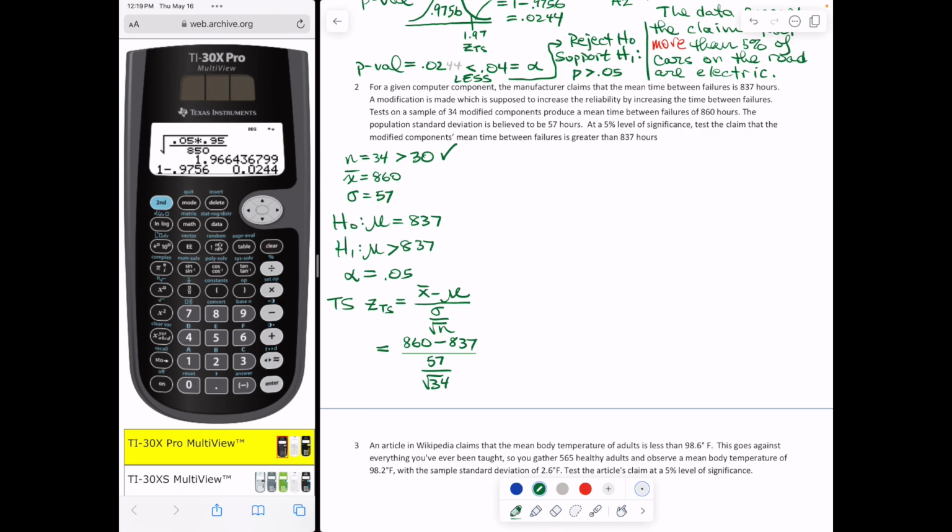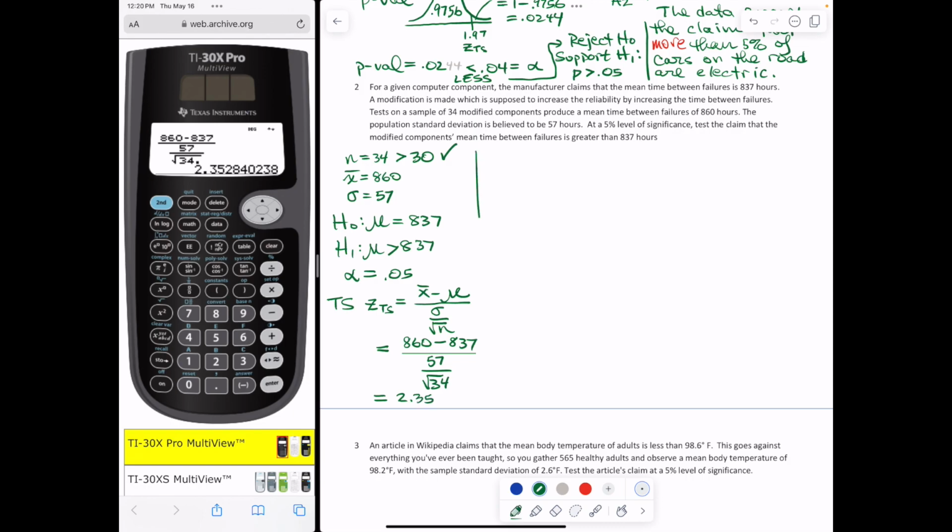Okay, so let's see what we get there. All right, 860 minus 837 over fraction 57 divided by square root of 34. I'm going to put a decimal point there so that it comes out in decimal. And 2 places is fine on z-scores. We'll go with 2.35.